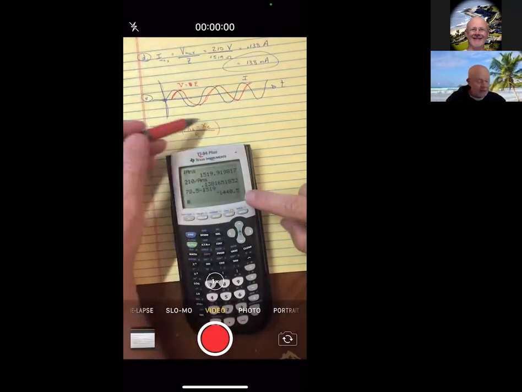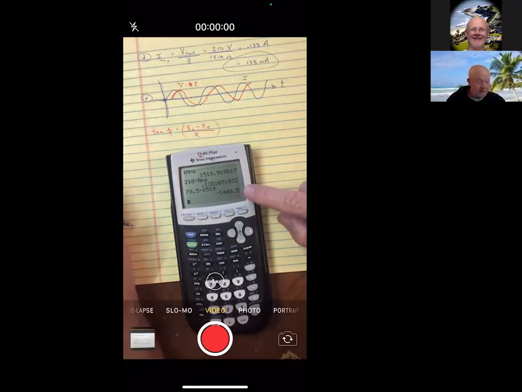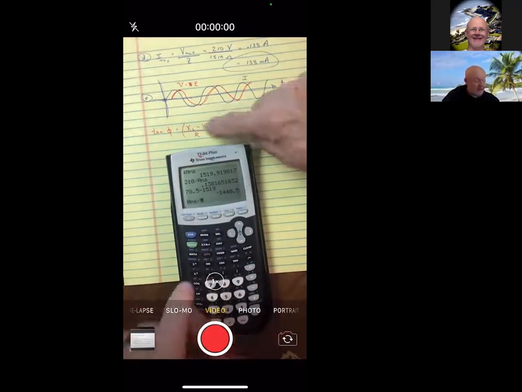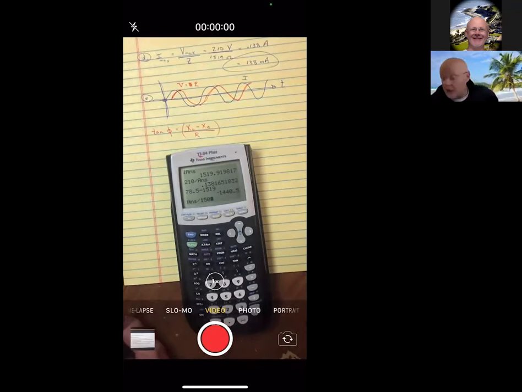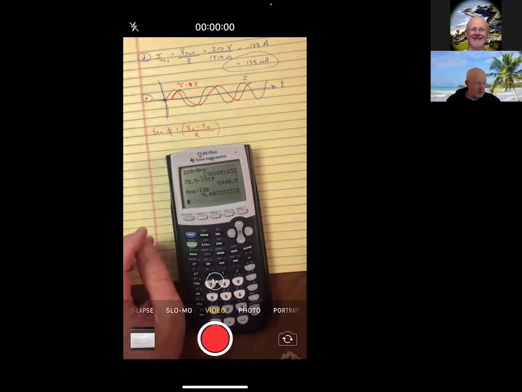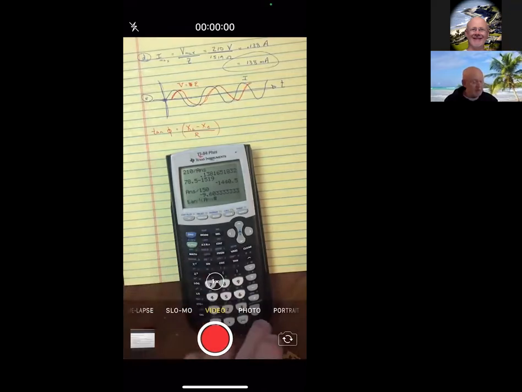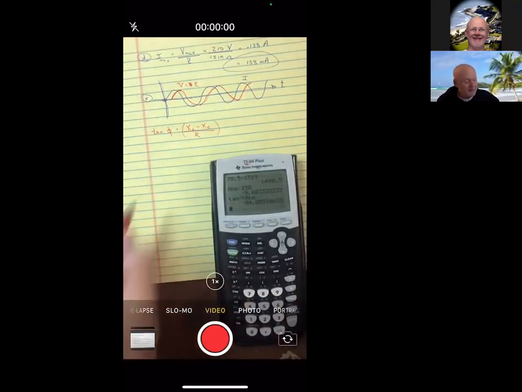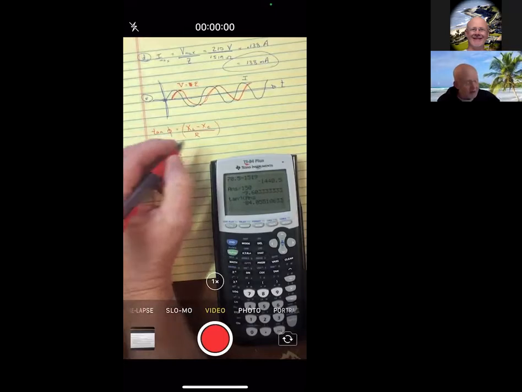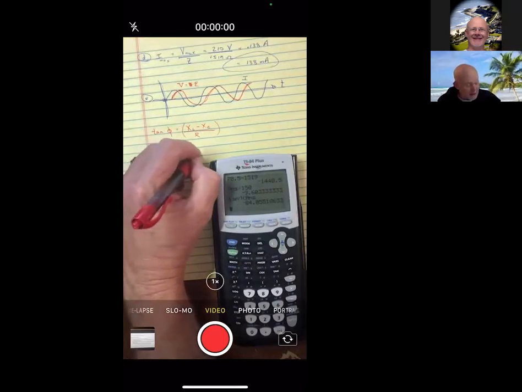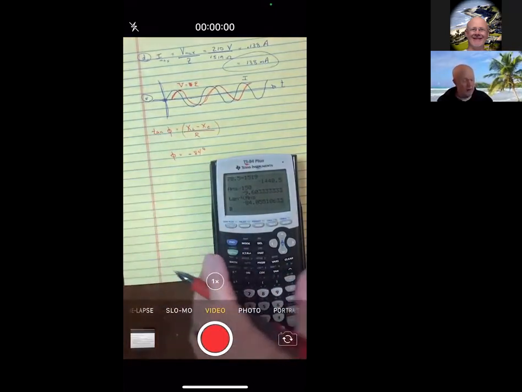And so there's the numerator, if you will. If I divide that by the resistance, and I believe we were talking about 150, yeah, I would get a negative 9.6. So inverse tangent of that number gives me a phase of negative 84 degrees.